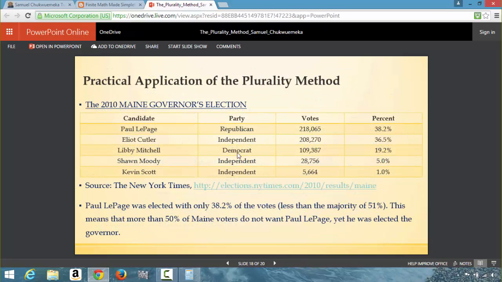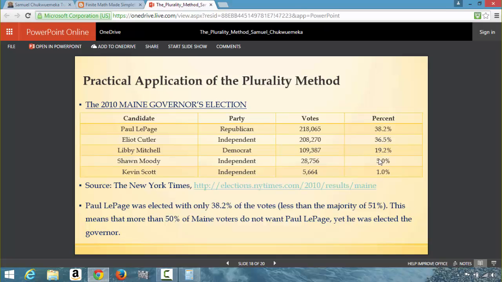But look at this now with plurality in the U.S. state of Maine governorship election. Paul LePage is the governor, with 38.2% of the vote.